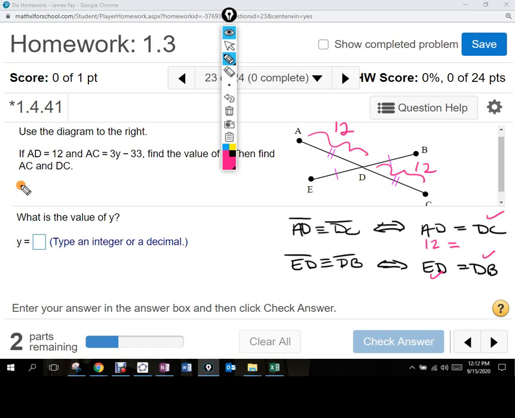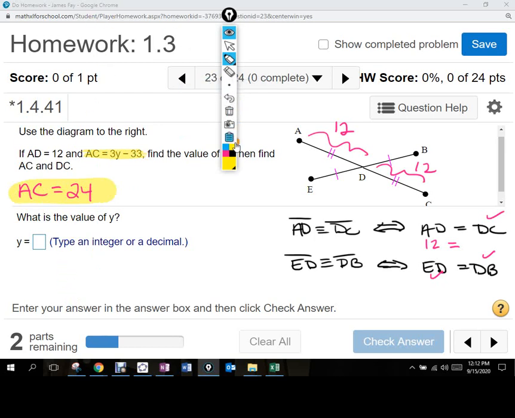So AC then, if AD is 12 and DC is 12, what's AC? 24, right? Did we just now establish a link saying AC is 3y minus 33, that algebraic expression, but it is also 24? Does that make sense to everybody? Okay.